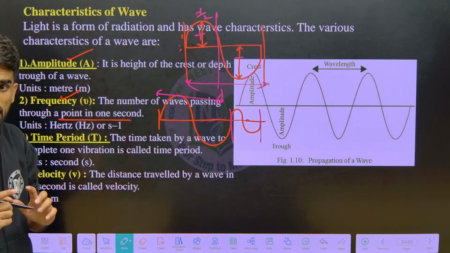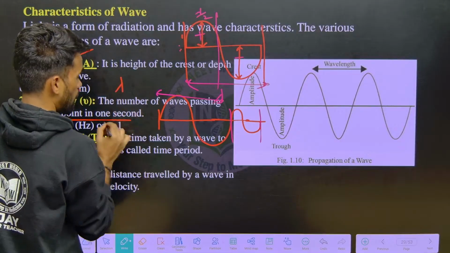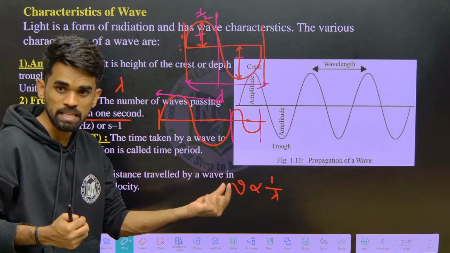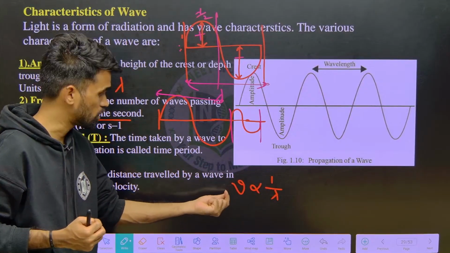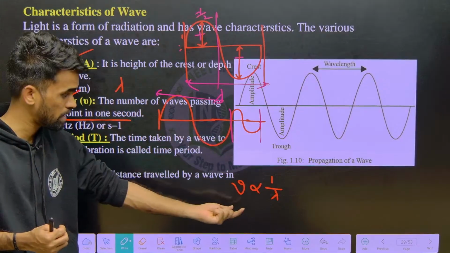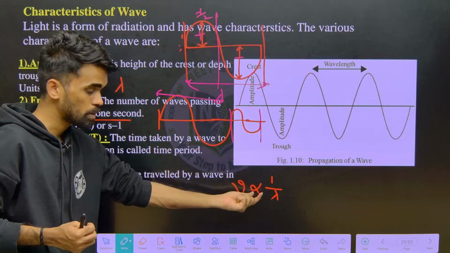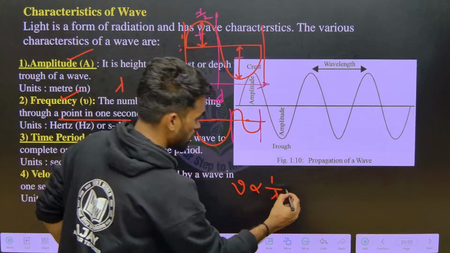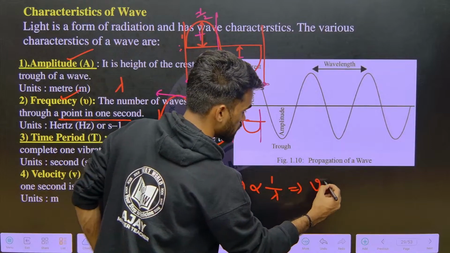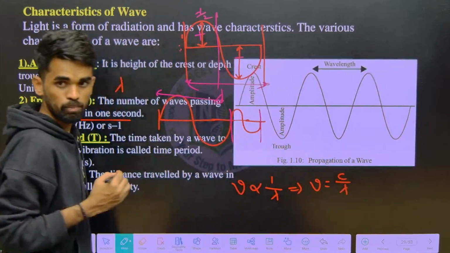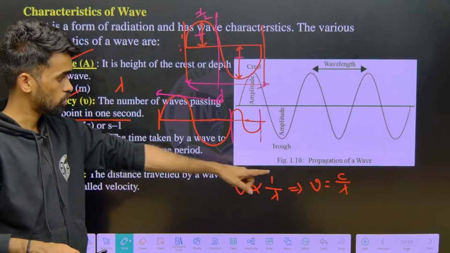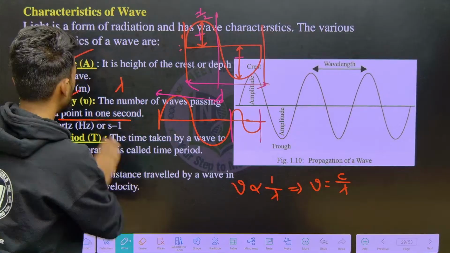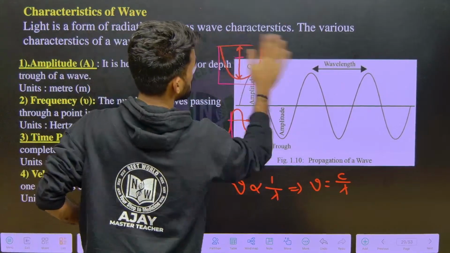The smaller wave. So frequency is inversely proportional to wavelength. Smaller the length of a wave, greater is its frequency. Removing the proportionality, I write frequency equals C by lambda. This is an important relation. You can expect a question in physics or chemistry or somewhere else.